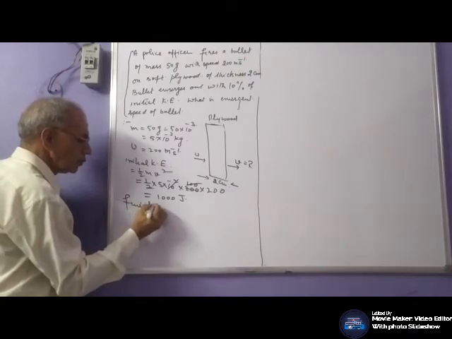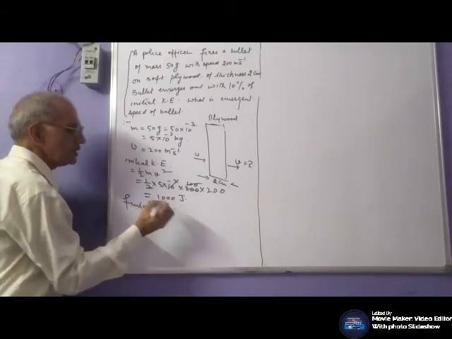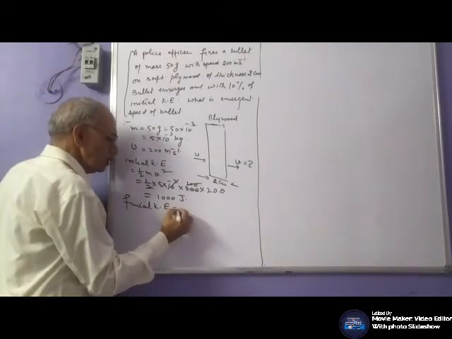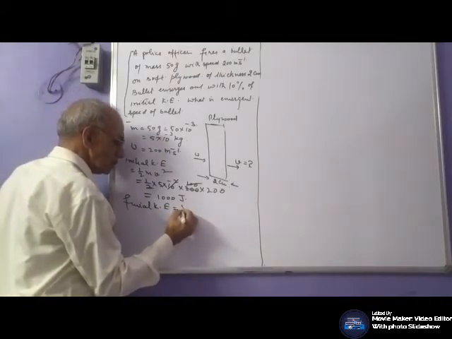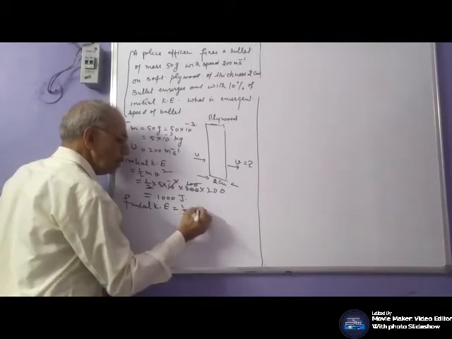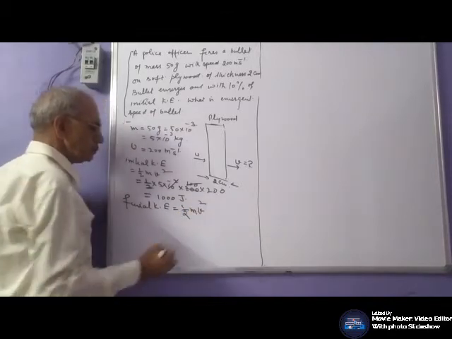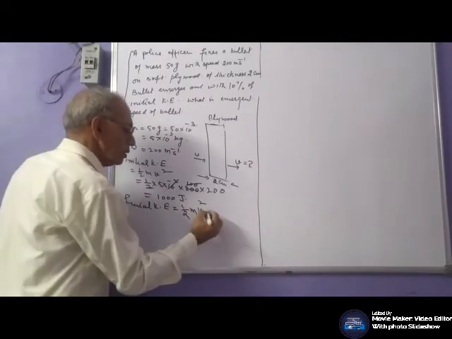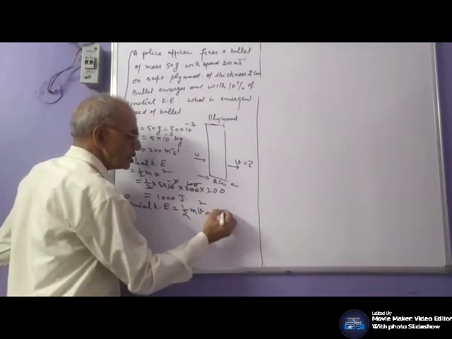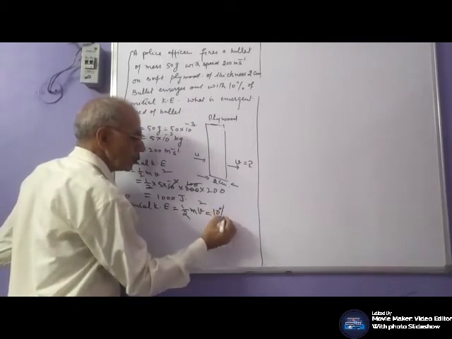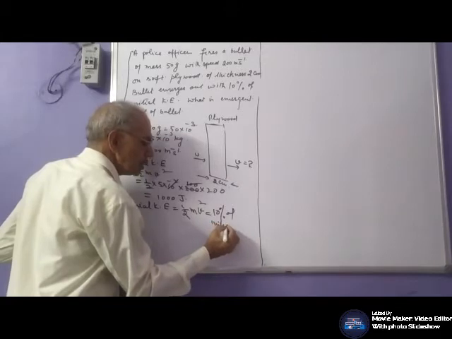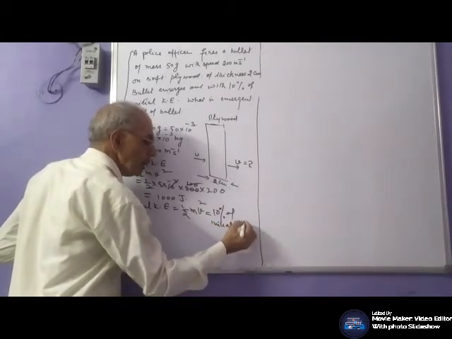Final kinetic energy is half mv square. It is 10% of the initial kinetic energy.